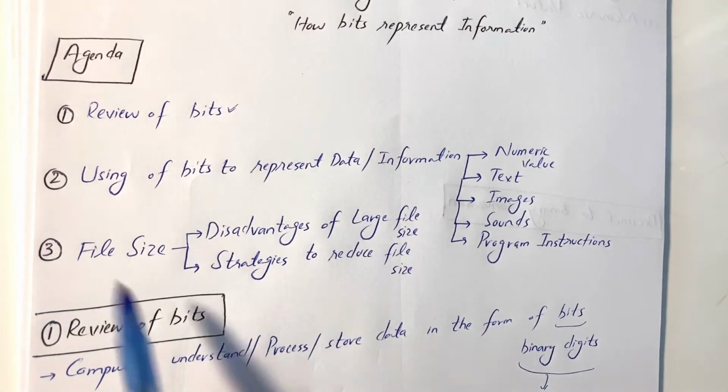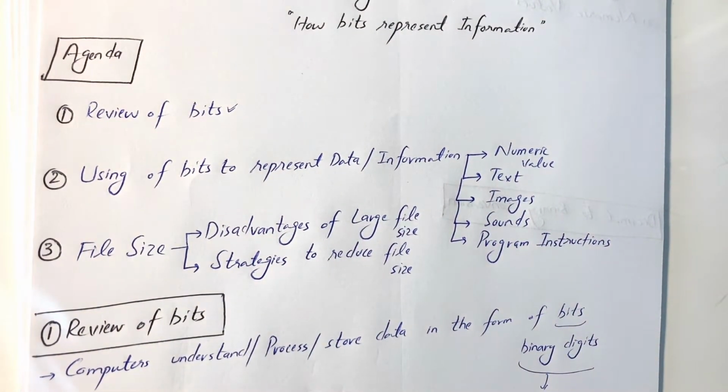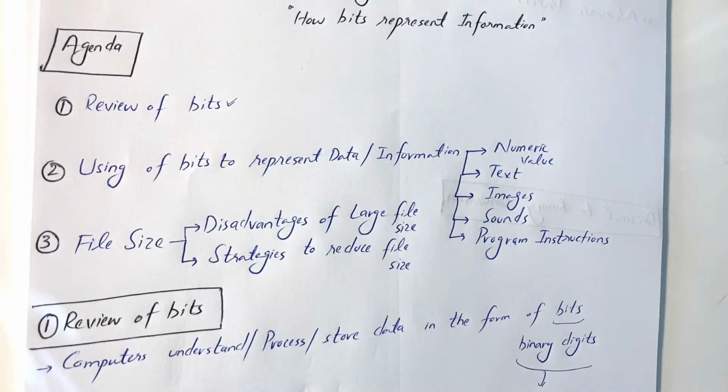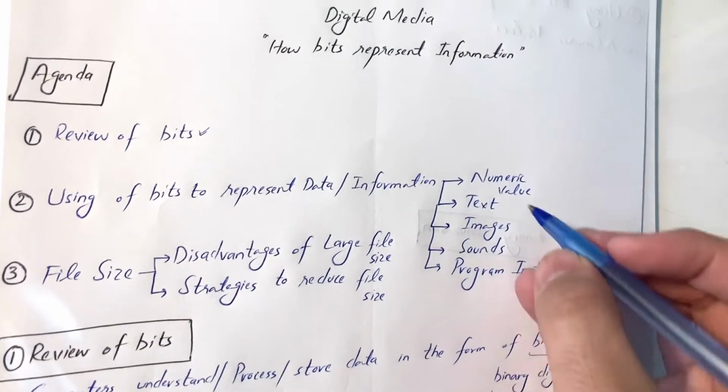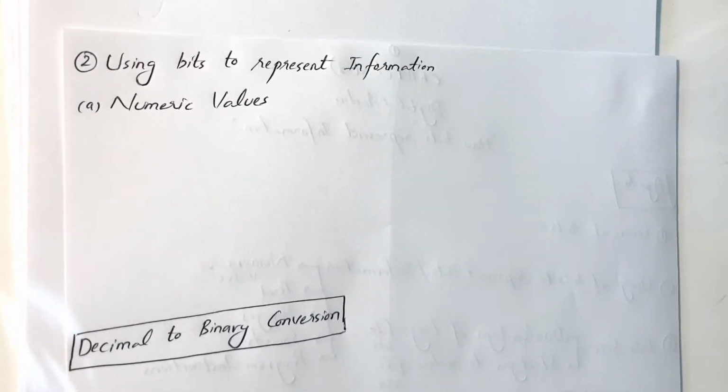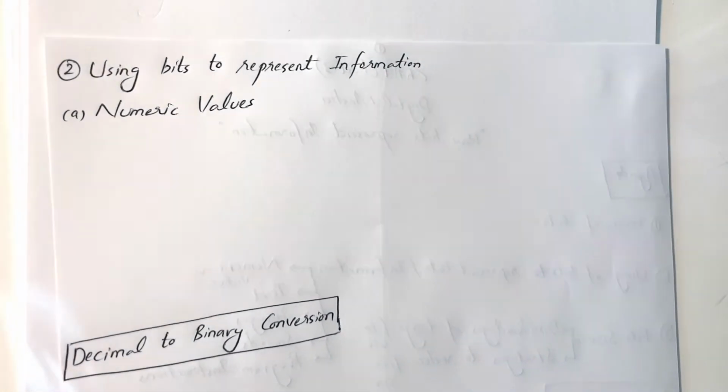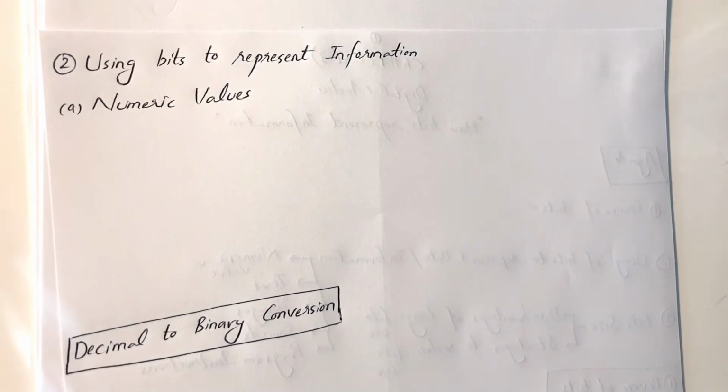Now let's move on and see how we can use bits to represent a numeric value, a number, textual data, images, sounds and other stuff. So let's see how we can represent a numeric value first. Numeric values are basically numbers, for example, 1, 2, 3, 4, and all that.